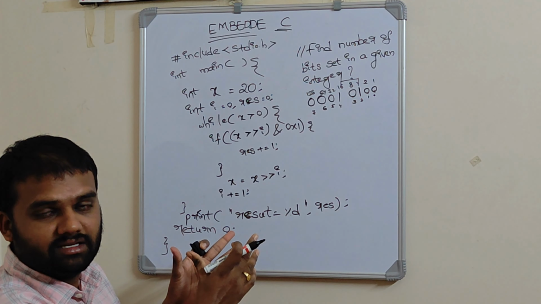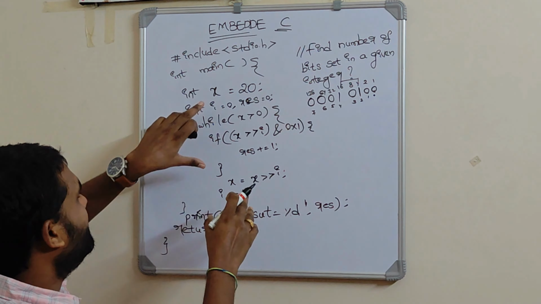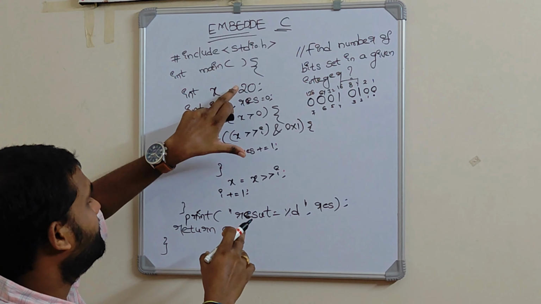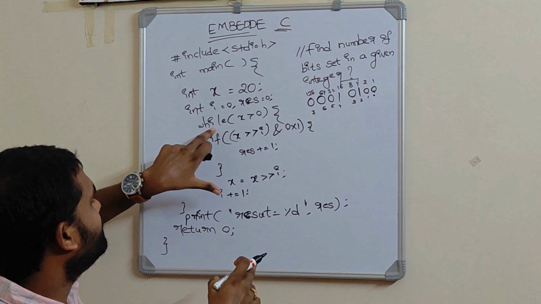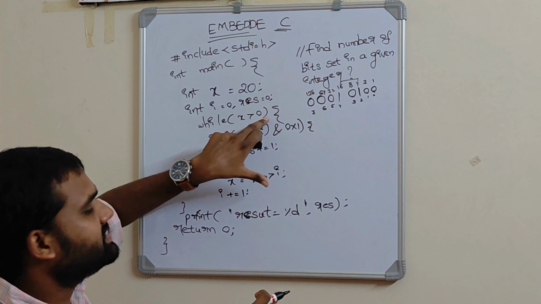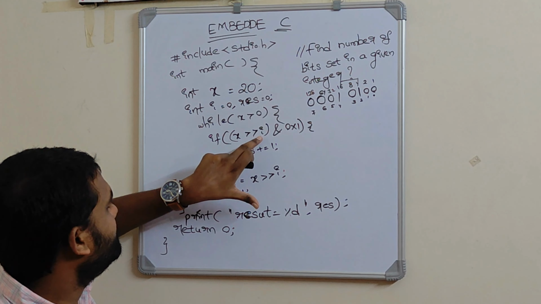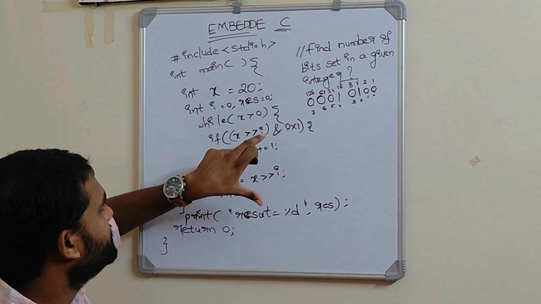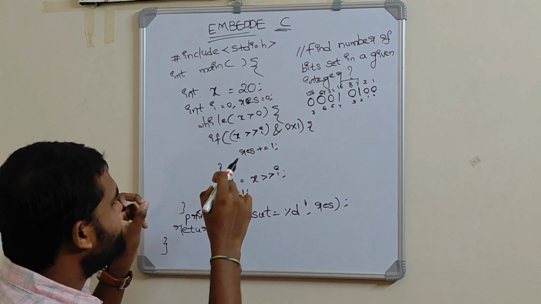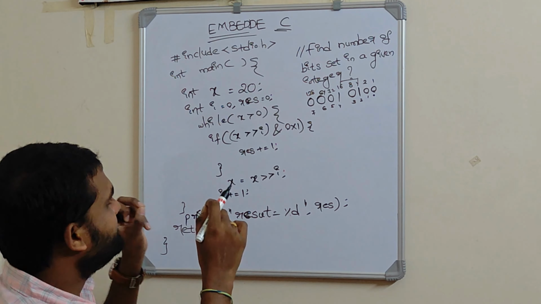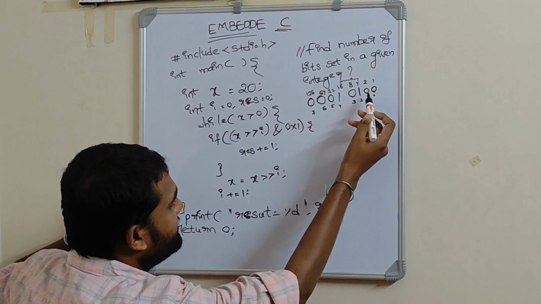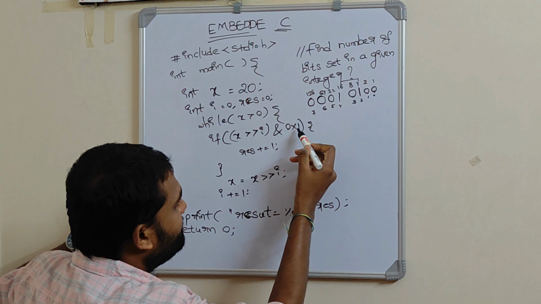Let's analyze how we have written it. We have taken the one integer 20, and then we are using a while loop until the x value is greater than 0. We are doing x right shift by i value, and the i value is initially 0. For the first time we will check the 0th bit position by doing the AND operation with 1.